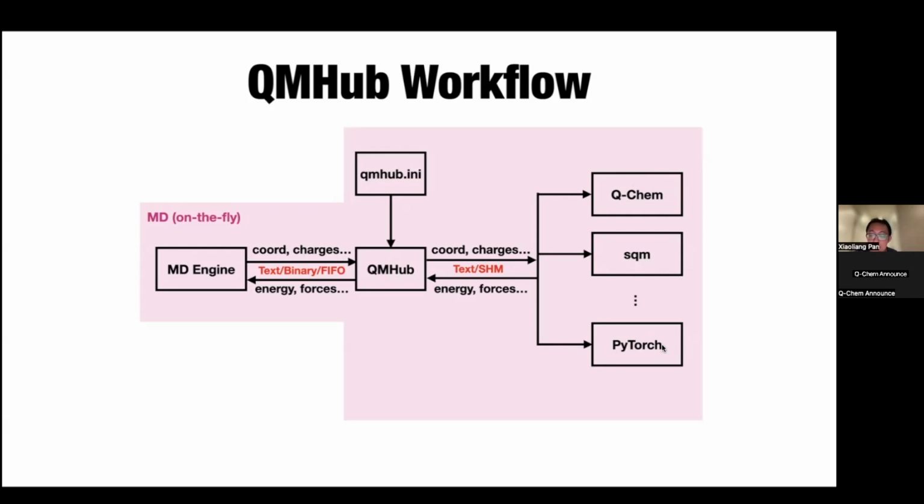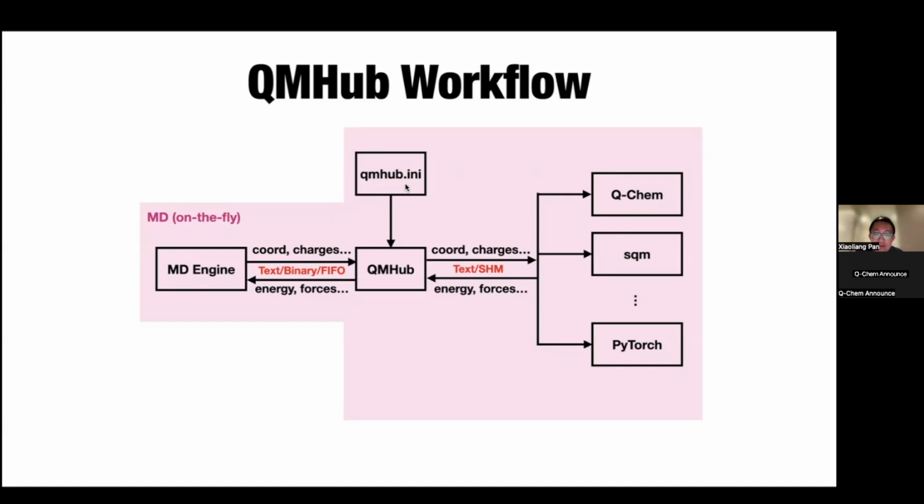Also, we can do machine learning type of models. For example, this can be just a PyTorch model. We load it in the same QMHub Python environment. And also we need another configuration file that just includes, for example, what type of MD simulations, because there are several options.